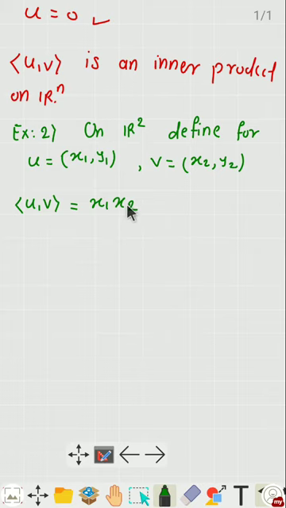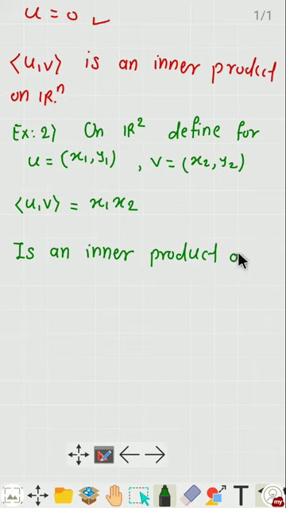So find whether it defines an inner product on R2. So the question is: is it an inner product on R2? Whether it is an inner product on R2.